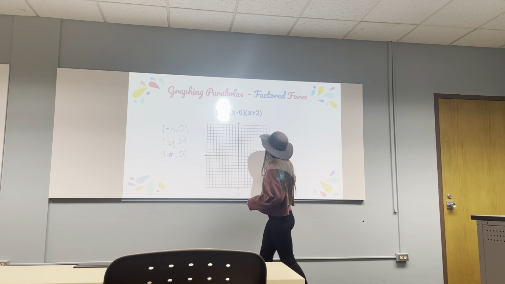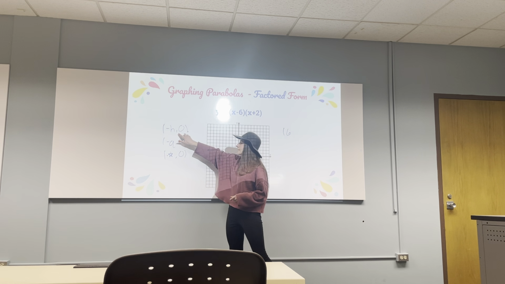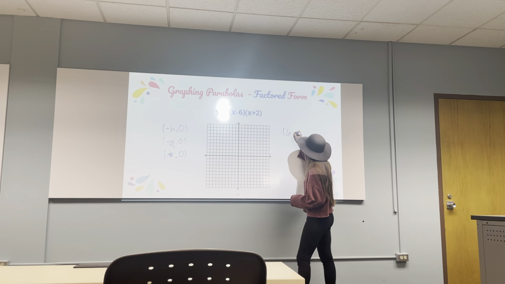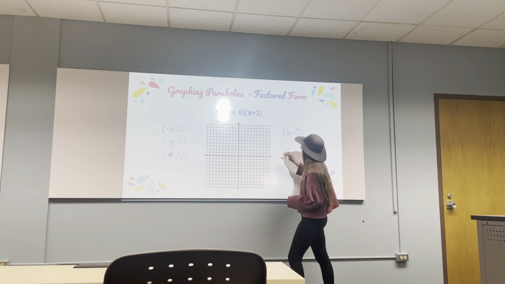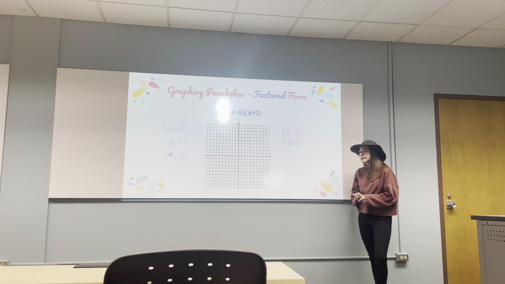All right, so our first x-intercept is going to be positive 6, because it's the inverse or the opposite, right? 0. Then this one over here is going to be negative 2, 0. And while we're here, does anybody know why it's the inverse? Why does it work like that?